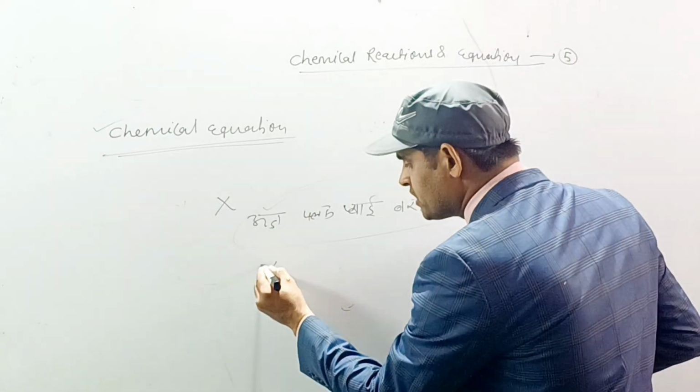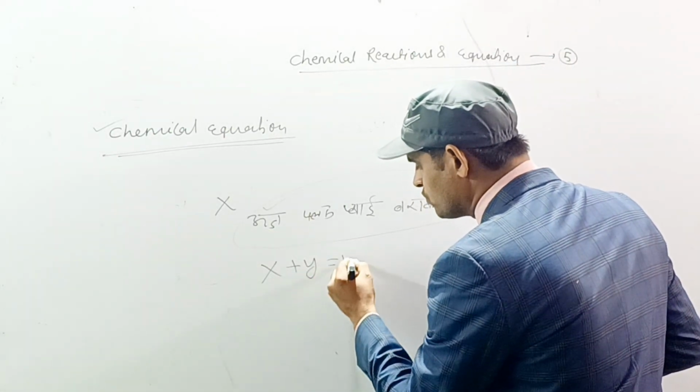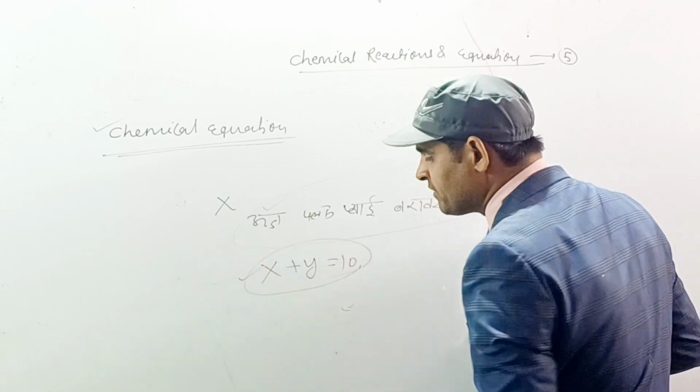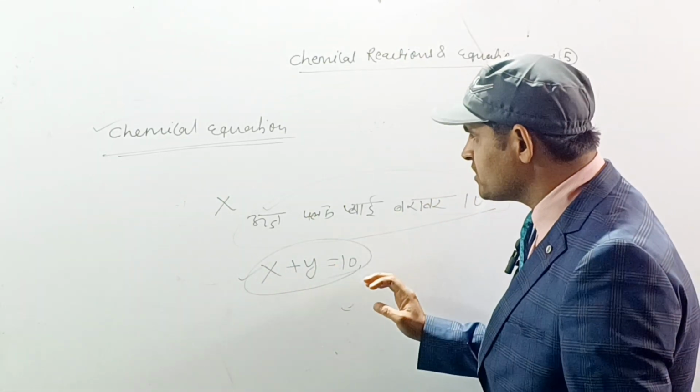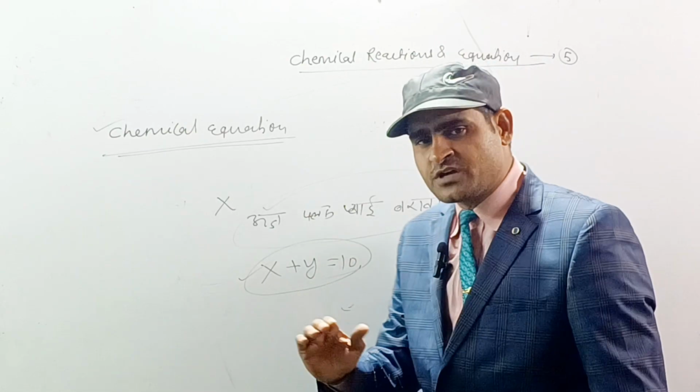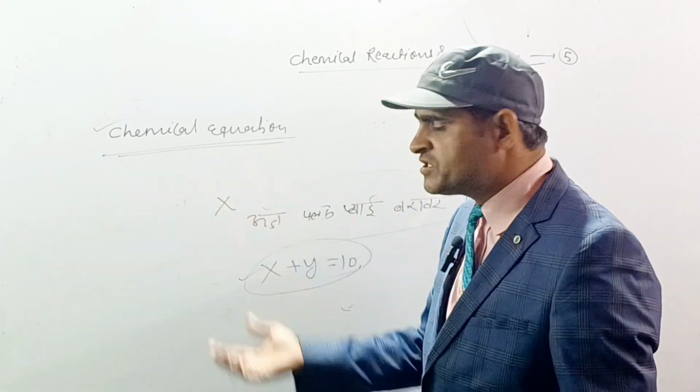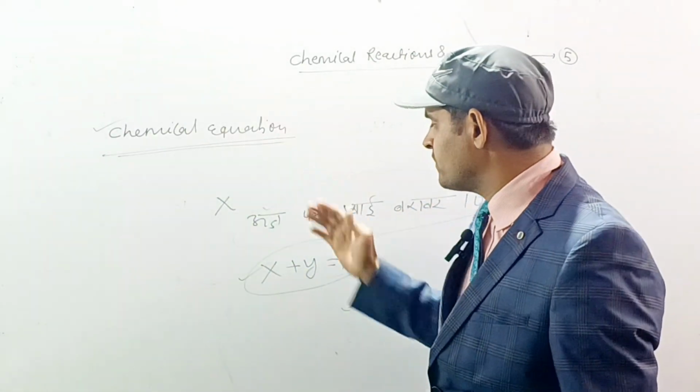You will write X + Y = 10. This is a mathematical equation, and this type is also known in our chemistry. These are chemical equations.